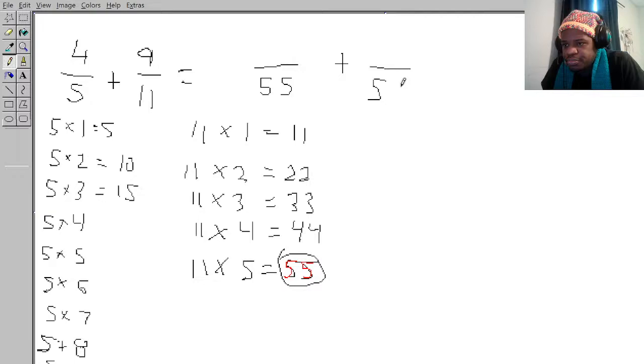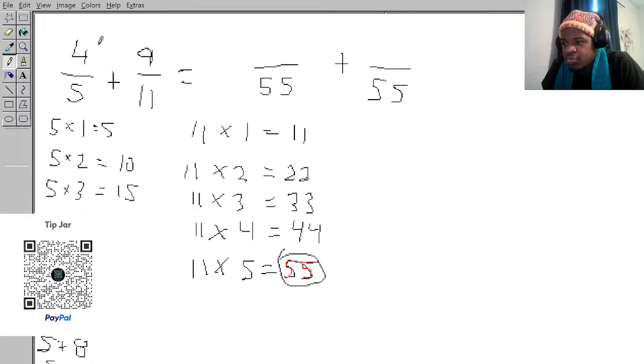So now whatever we do to the bottom, we have to do to the top. So 5, how do we make this 5 into 55? We multiplied it by 11. So since we multiplied that by 11, we have to multiply the top by 11.